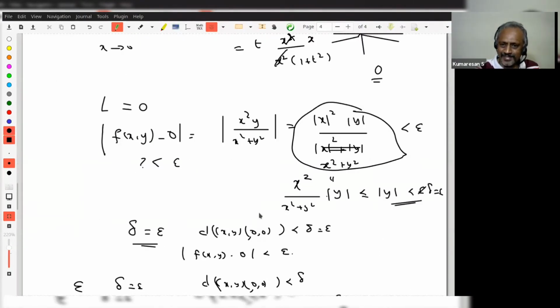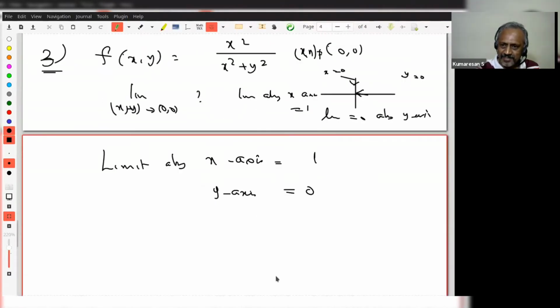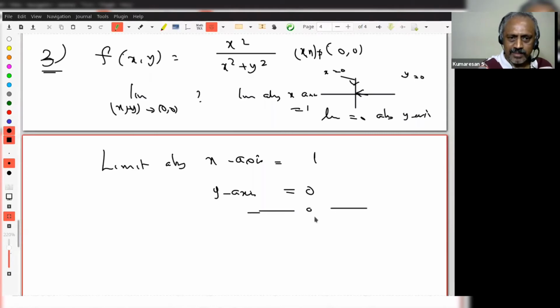So I can't do that. Even though teachers and textbooks will say the limits along different paths are different, and hence the limit does not exist, that's quite okay if you want to live with it, and I'm sure you will also get full marks. But to be an honest auditor, I will do that.